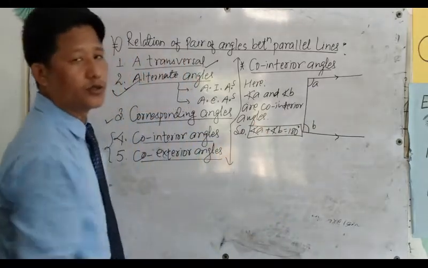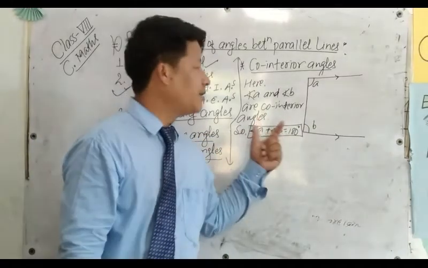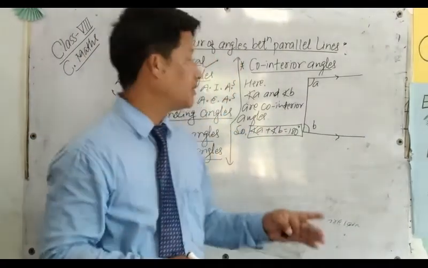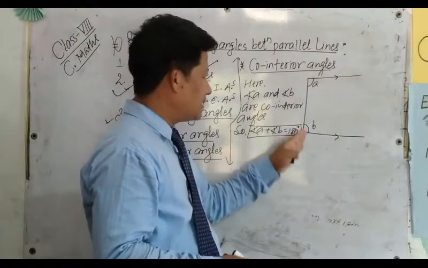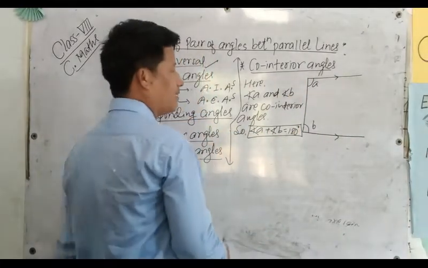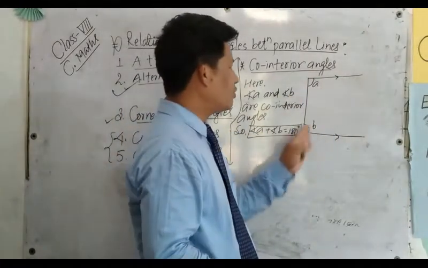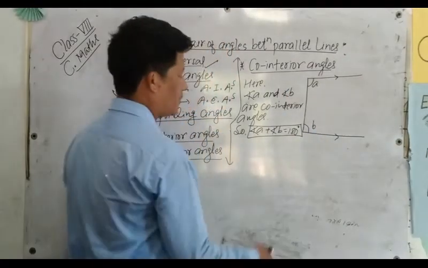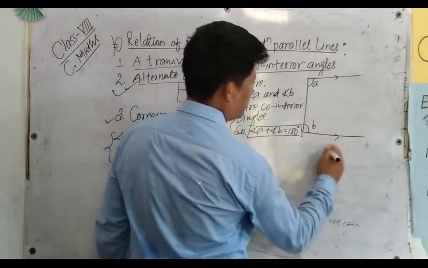Just keep in mind how to identify them: the angles formed in the shape of C, either in the original form or in the reversed form.